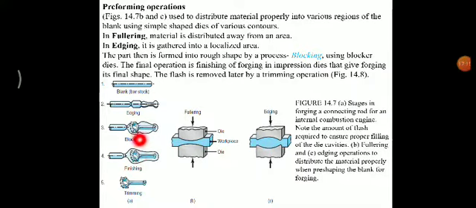It is not that from here you will get the product directly. We have to remove the unwanted parts in steps without hampering the quality of the workpiece, and finally after trimming you will get the final part like this.